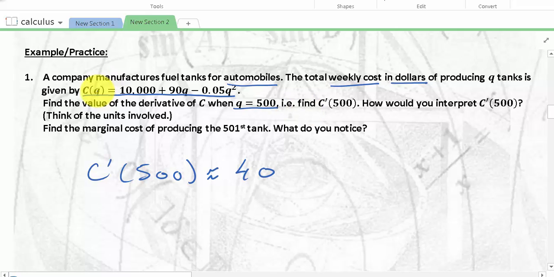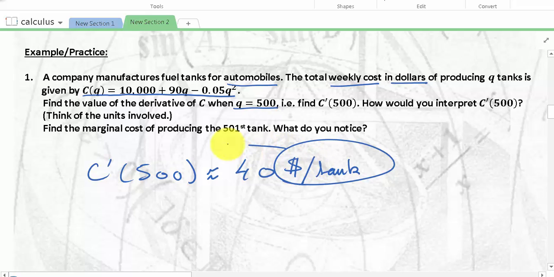What's the unit? Well, the cost is in dollars, so it's dollars per Q, so dollars per tank. And the unit for the derivative is the ratio of the output, dollars, over the input, tank.